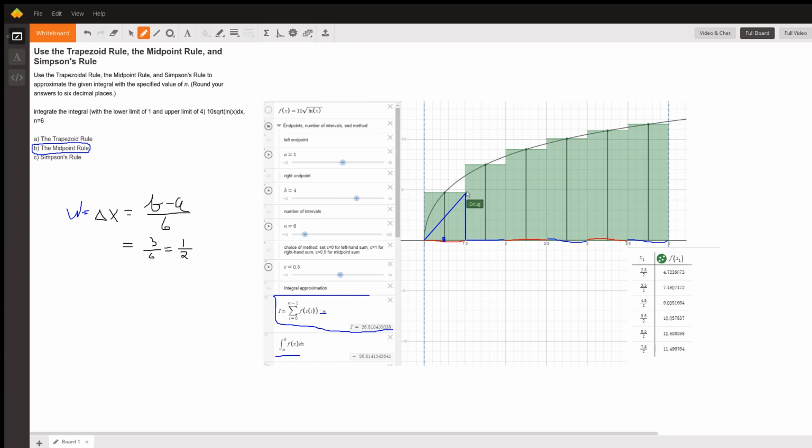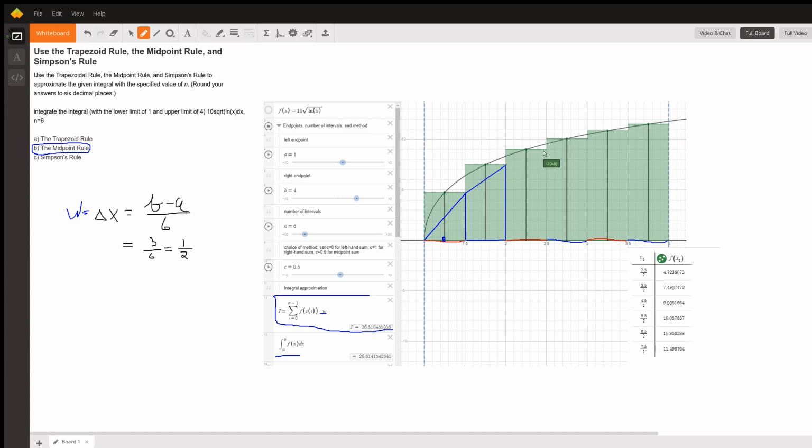But then we go from this left-hand endpoint to here, and that creates a trapezoid. And so you have to apply the rules for the area of a trapezoid for all the other intervals.